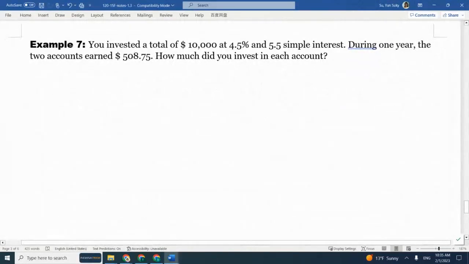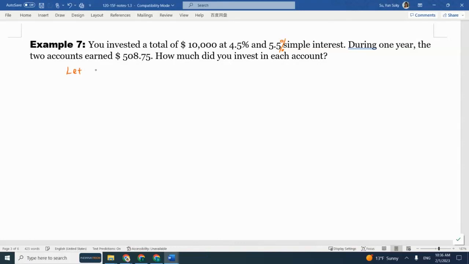Okay. You invest a total of $10,000 at 4.5% and 5.5% interest rates. During 1 year, the two accounts earn $508.75. How much did you invest in each account?